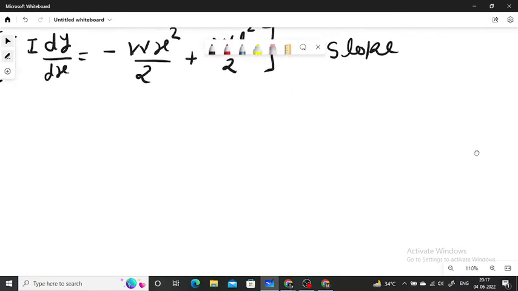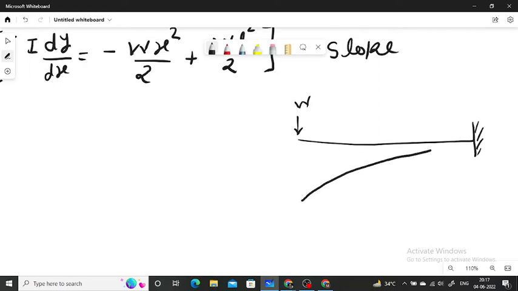Now in a cantilever beam having a point load at its free end, deflection will be maximum at its free end. It means at the point A where x is equal to 0.